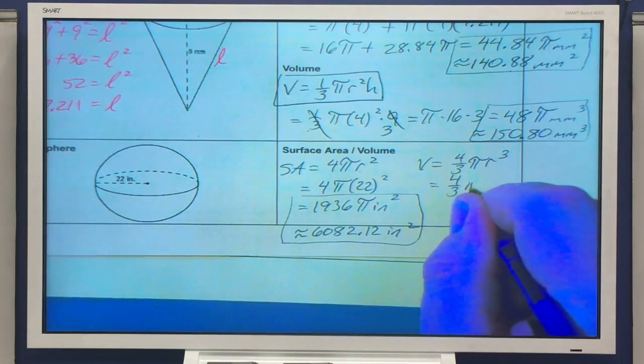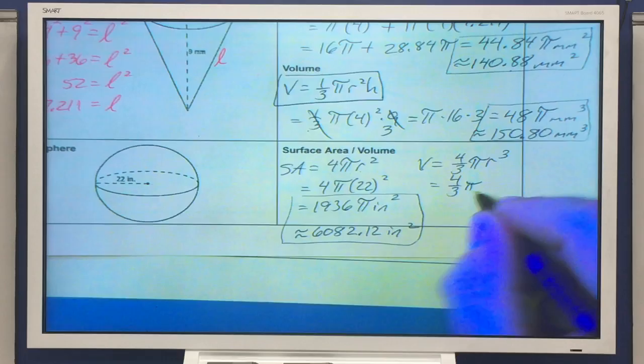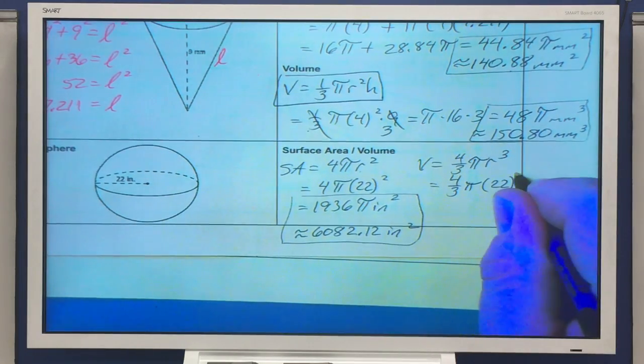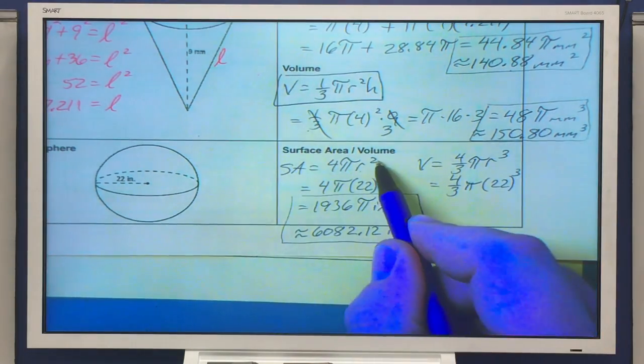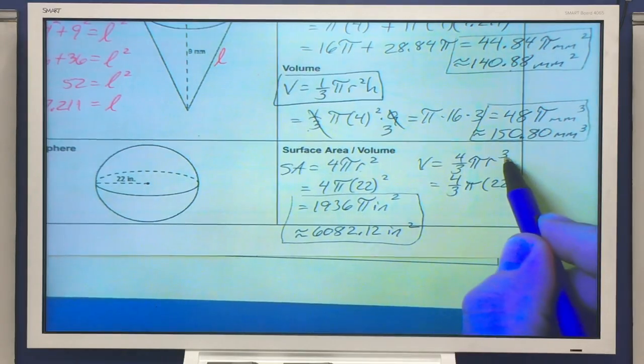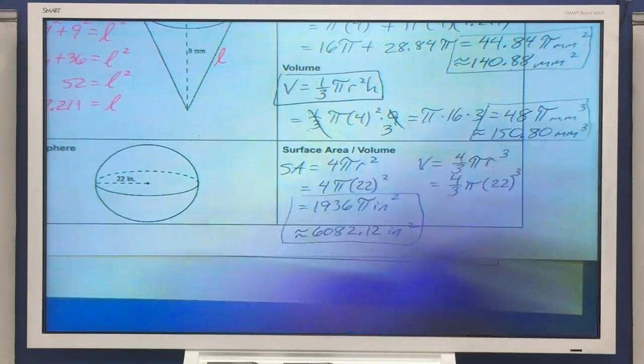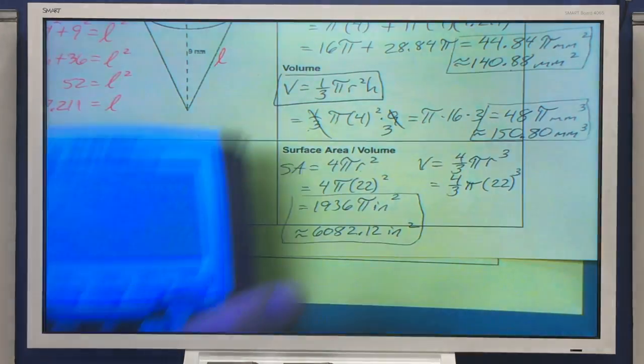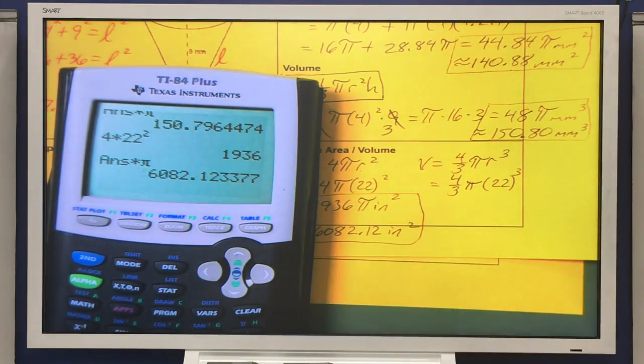Volume, 4/3 pi, it's the radius cubed now. I hope that makes sense. Area has squared, volume has cubed. Get out the old calculator like I did before. I'm going to go 4 divided by 3 times 22 cubed.